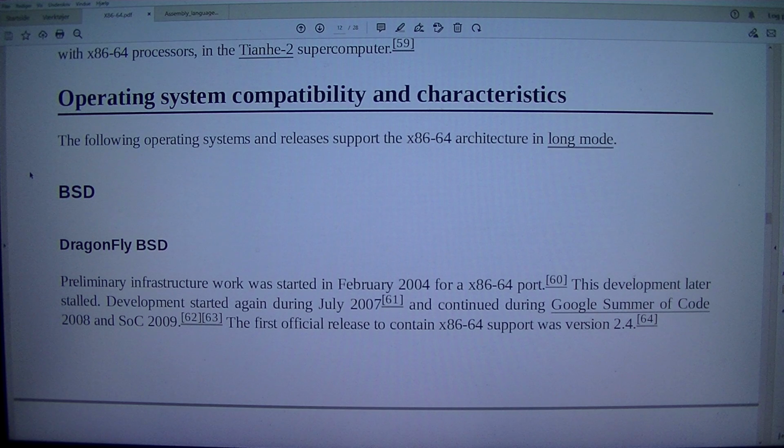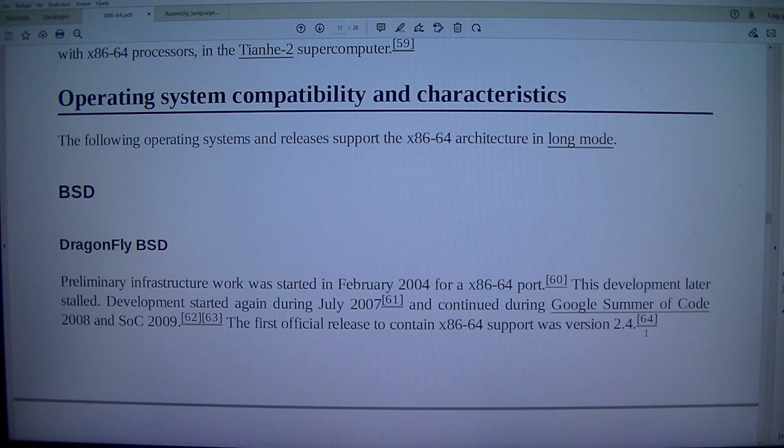This development later stalled. Development started again during July 2007, and continued during Google Summer of Code 2008 and 2009.